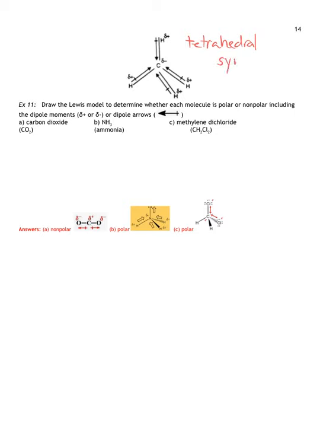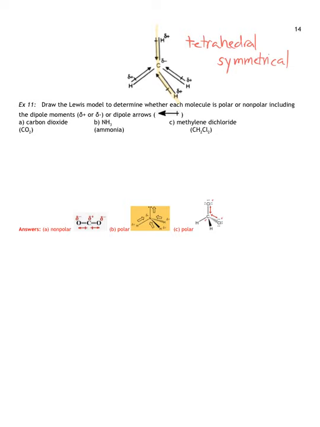But this structure looks symmetrical to you and I. If we draw a plane of symmetry along this bond right here, I'll see that the structure is symmetrical. Whatever I see on one side of the plane is a mirror image of the opposite side.